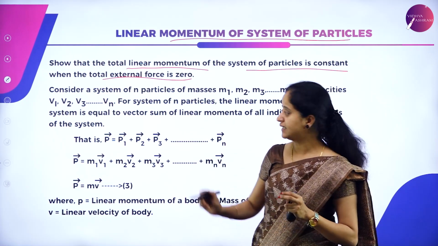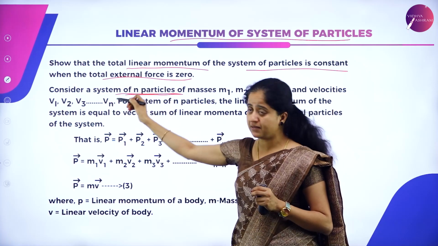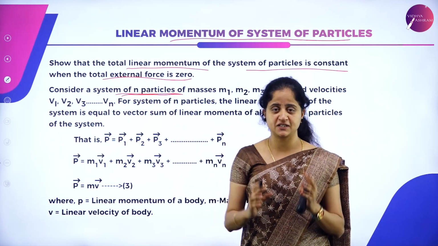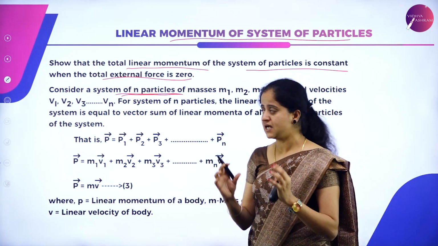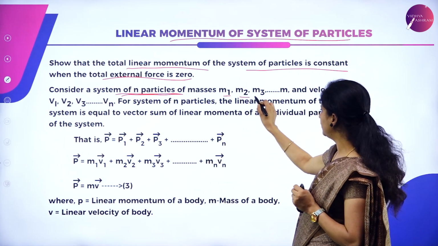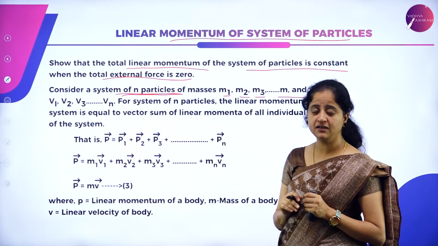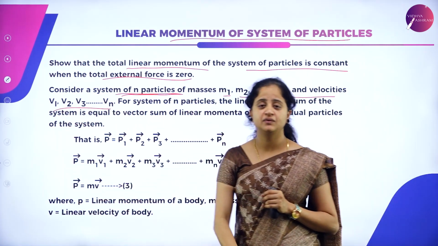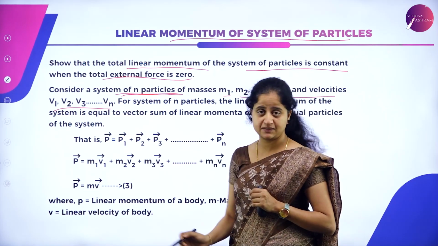To prove that, let us consider a system of n particles. We have a system in which n number of particles are present, whose masses are m1, m2, m3 and so on up to mn, and the velocities of those bodies are v1, v2, v3 and so on up to vn respectively.